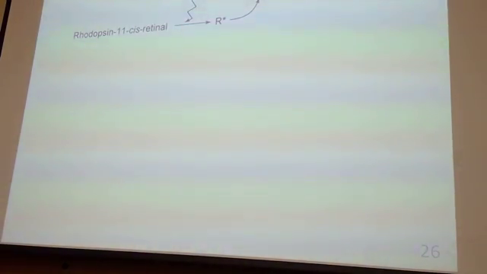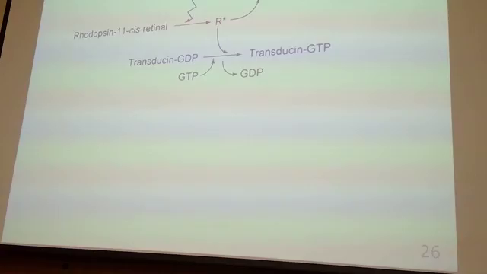So let's just walk through this. We have a photon of light, and we have our rhodopsin, which is coordinating our 11-cis retinal. In response to the light absorption, 11-cis retinal is converted into all-trans retinal, right? And this is a pretty big structural change in that retinal molecule. This is represented here as R star.